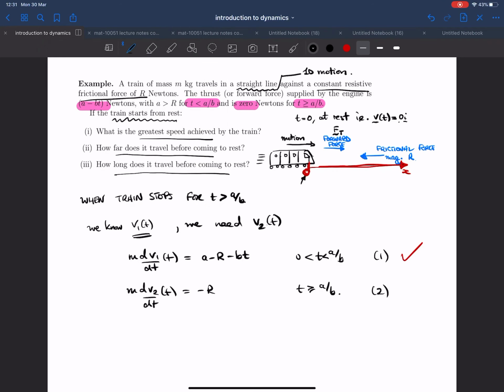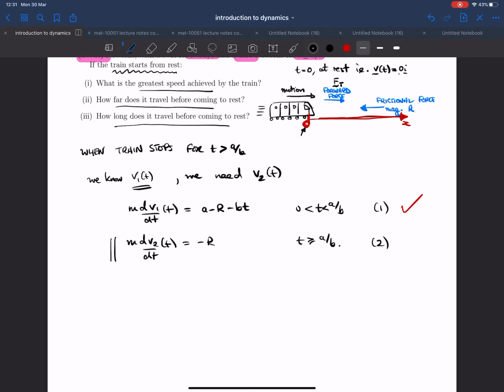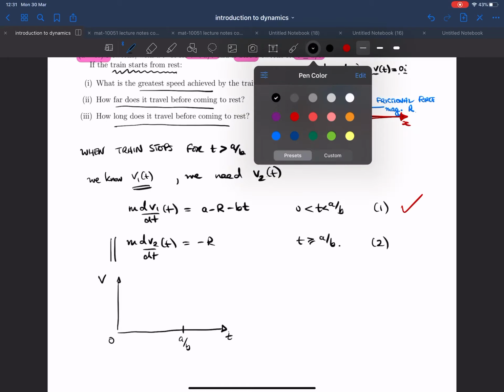Now, V2 is something that we can grab from this equation. What I'll tell you is happening is, if the train stops after t equals a over b, then we have the following graph for the velocity.